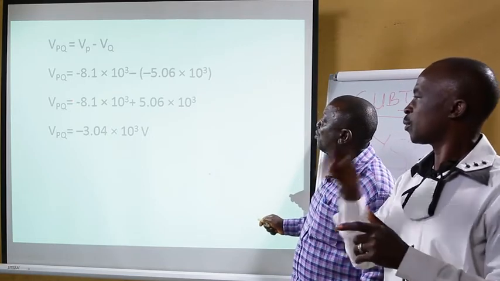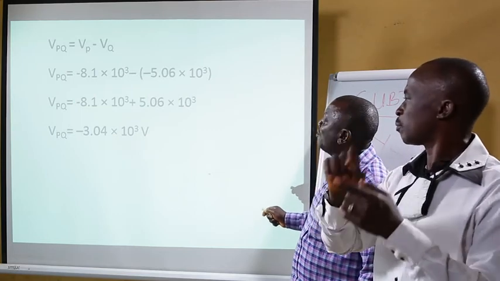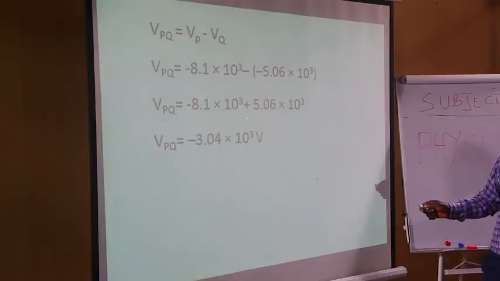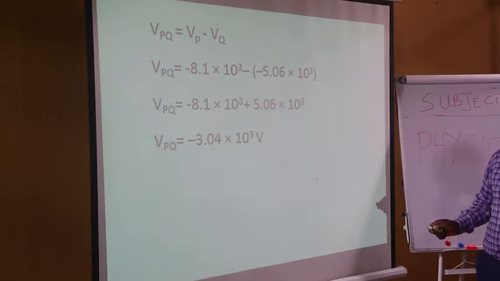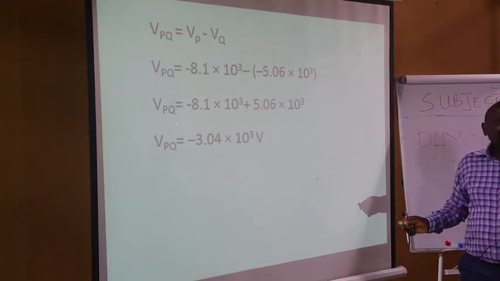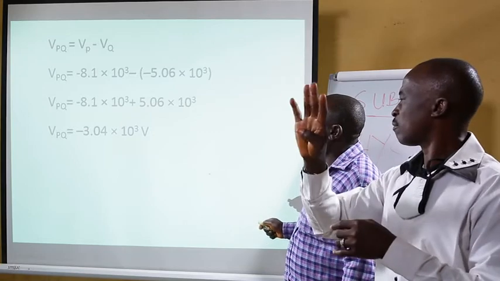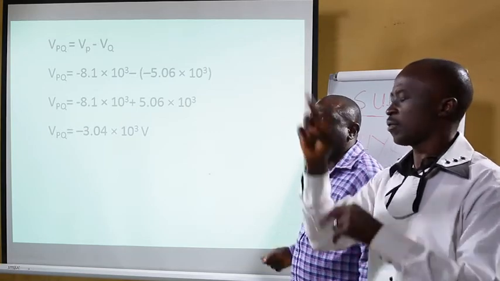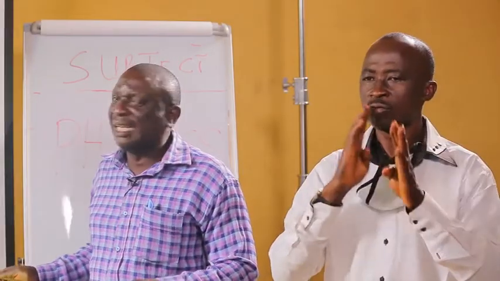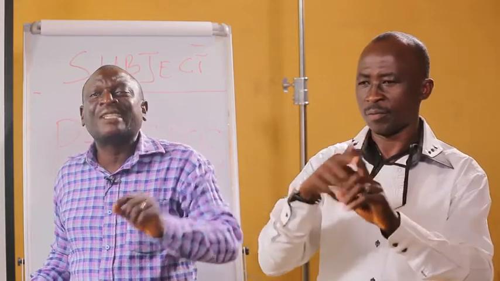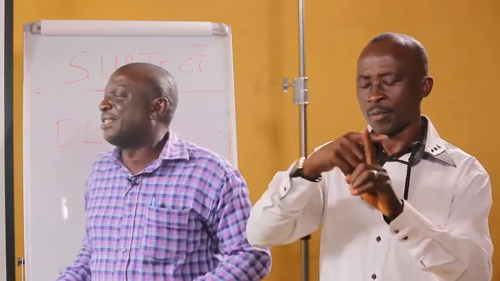V_PQ now will be equal to minus 8.1 times 10 to the power 3 plus, because if we open this bracket, minus times minus will be plus. So we have plus 5.06 times 10 raised to the power 3. And finally, our answer will be V_PQ equal to minus 3.04 times 10 raised to the power 3 volts. Just like we have said in our statement before, if Q is positive, V will be positive. If Q is negative, V also will be negative.